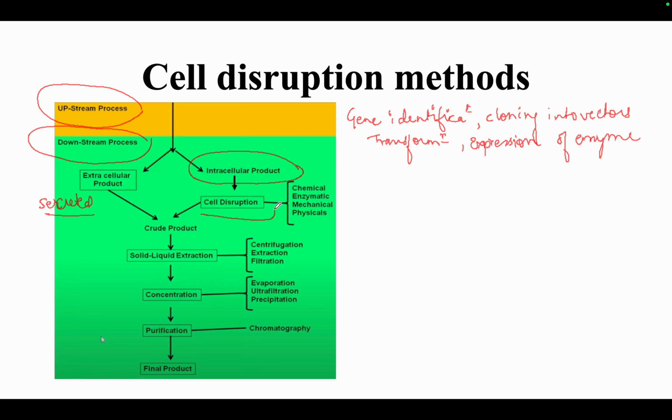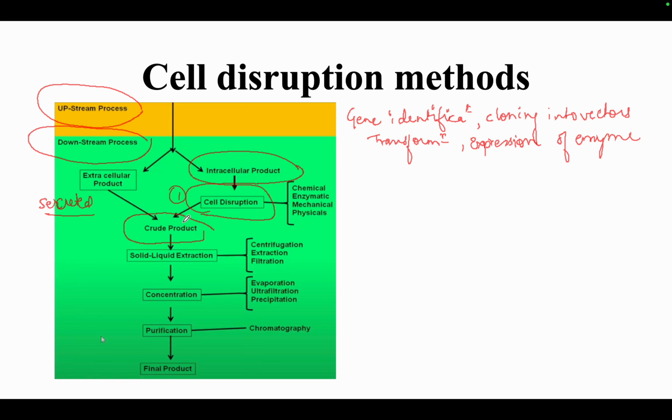So since most of the proteins or enzymes are produced intracellularly, there are different cell disruption methods. This is the first step of the downstream processes: if the enzyme is produced intracellularly, we need to disrupt the cell and get the protein out. Whether it is secreted or inside the cells, we'll have a crude product, and this crude product will contain many things, like the proteins already present in the cell, cellular proteins.